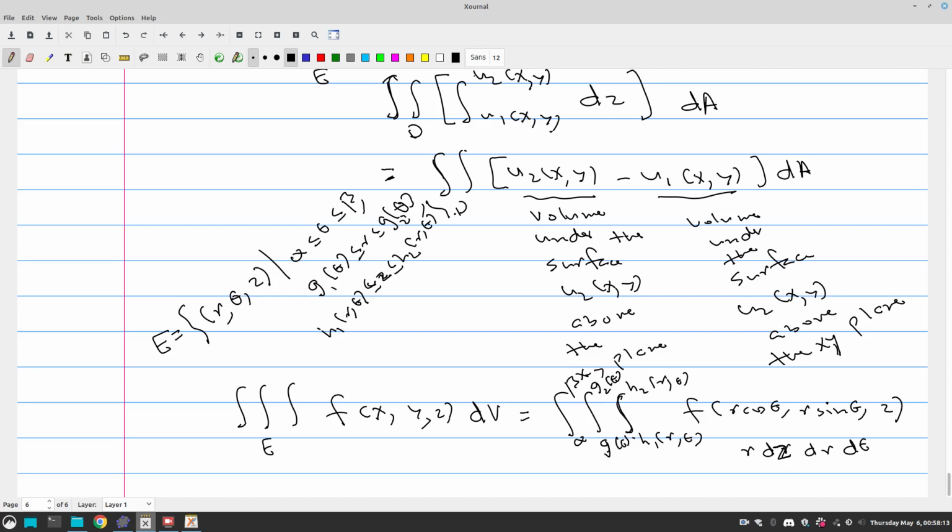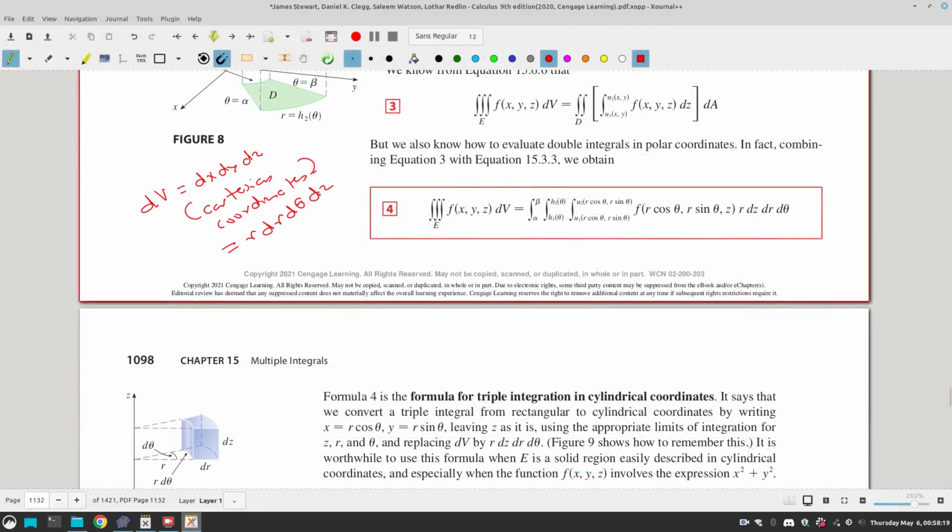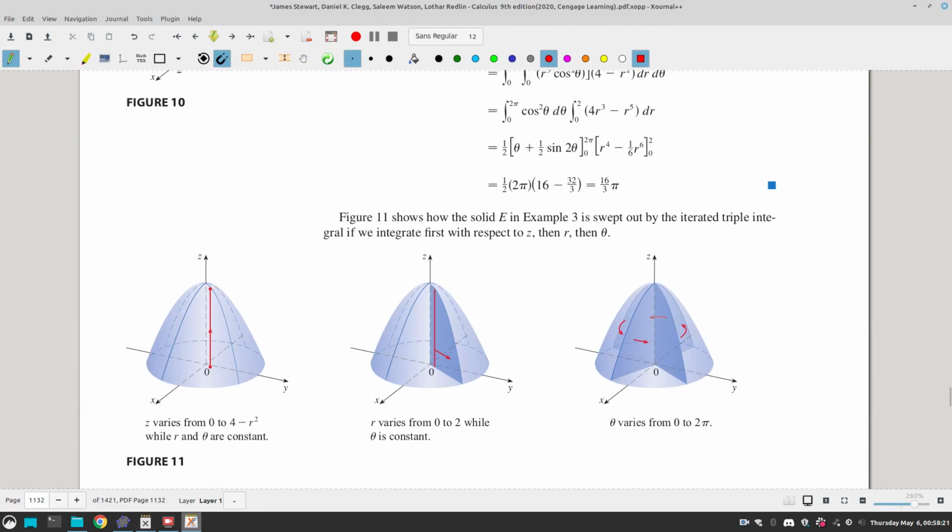So this is one way of describing the region. So let's do this integration.